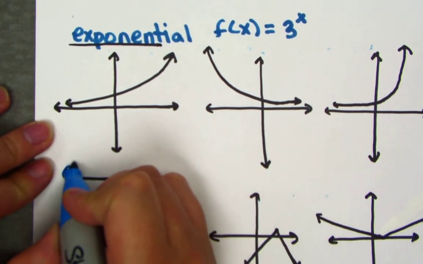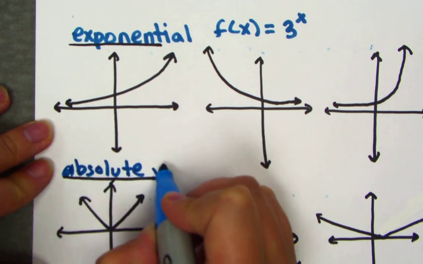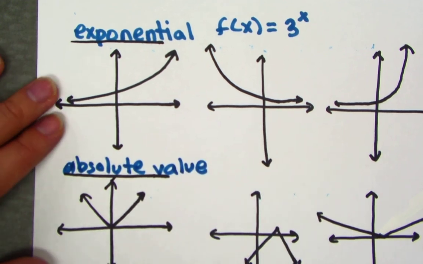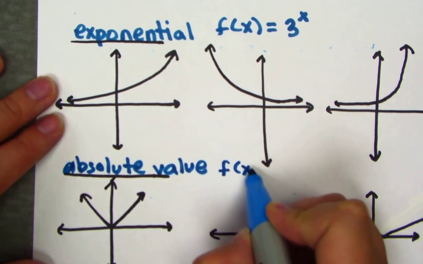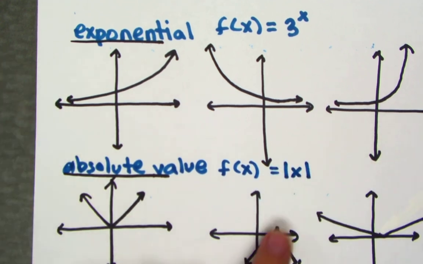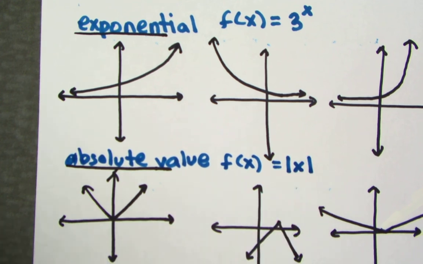Next is absolute value graphs. Absolute value graphs look like these. And the absolute value symbol is like two lines on either side of the x.